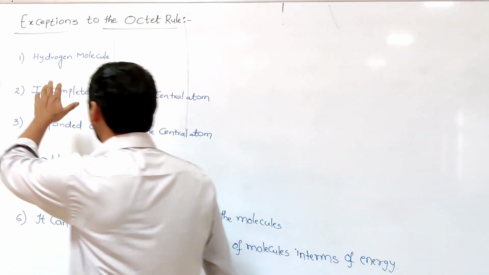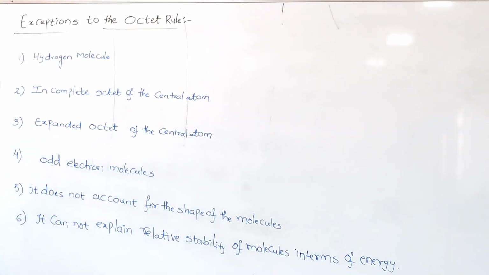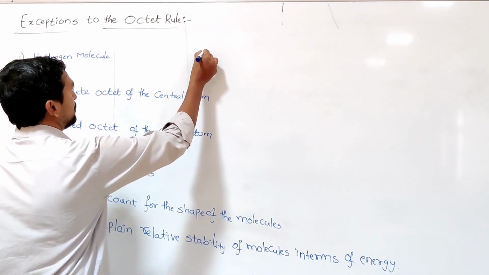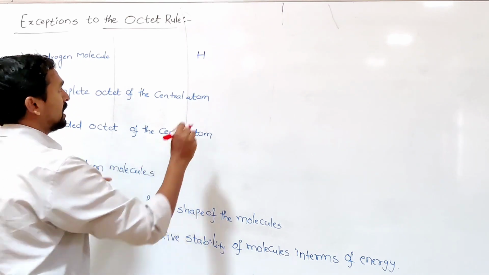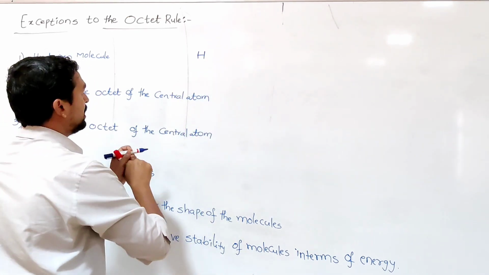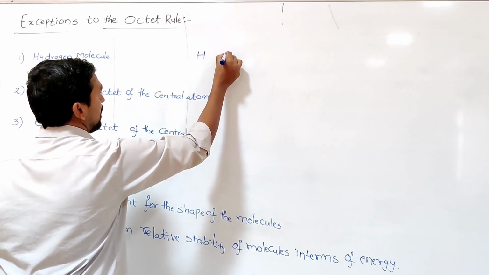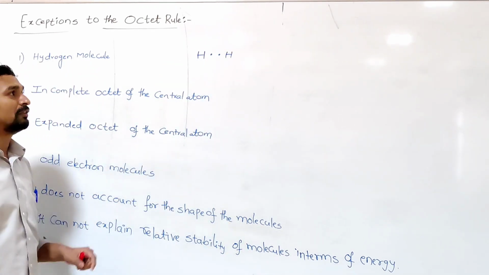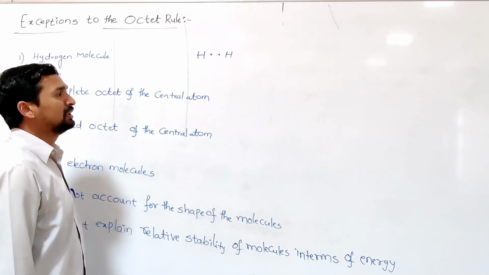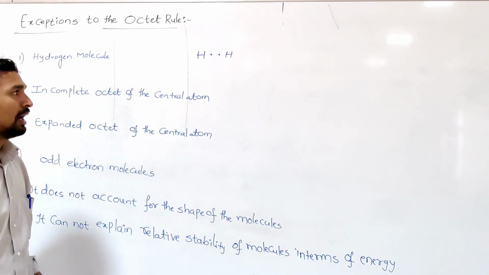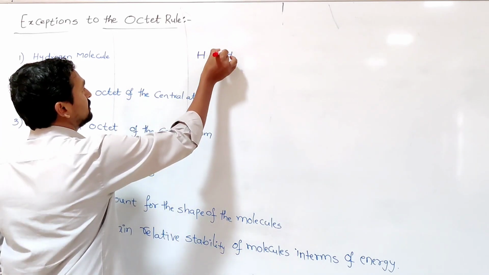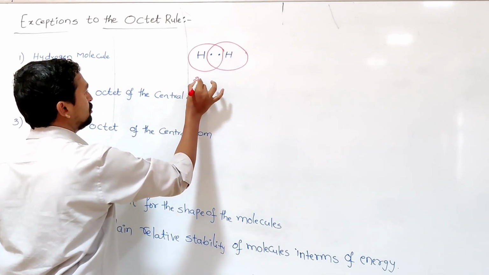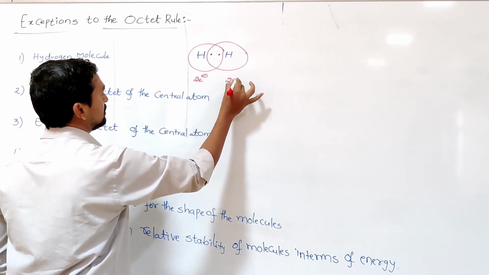The first one is the hydrogen molecule. You know very well, the hydrogen molecule is the combination of 2 hydrogen atoms, H and H. Each atom contributes 1 electron for the formation of a bond between the 2 hydrogen atoms. As a result, each hydrogen atom gets only 2 electrons, which we call a duplet.